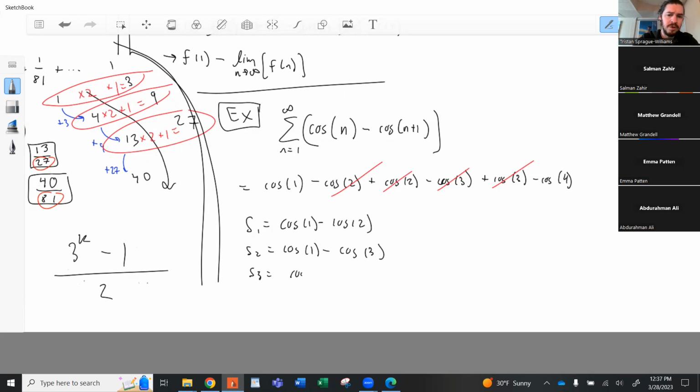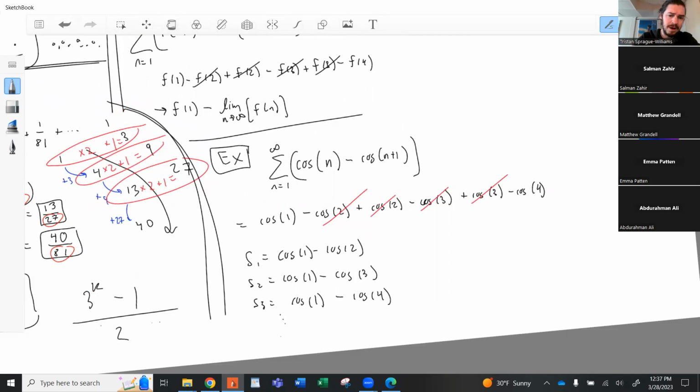S3 is going to be cosine of 1 minus cosine of 4 because of the canceling, and so on. So what we get is the pattern: SK is cosine of 1 minus cosine of k plus 1, because this number is always one more than that number.